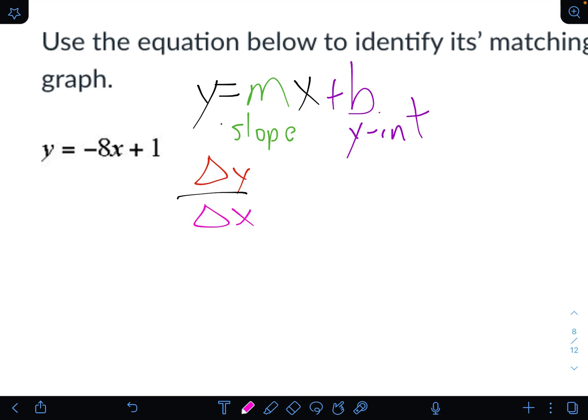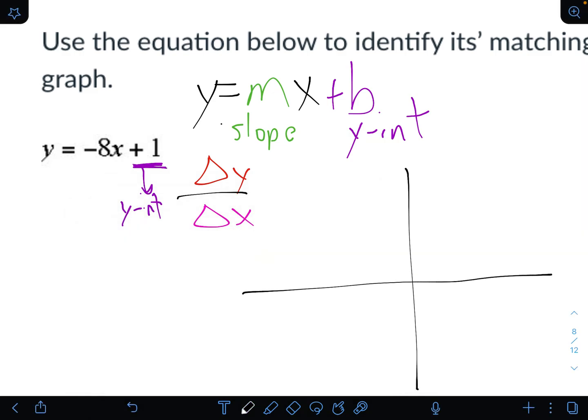So you may remember from previous quizzes, or you may just know, that the y-intercept here is a positive 1. So what that means is if I have a graph, the line, whatever our line is, because this is the equation of a line here, intersects our graph at 1.